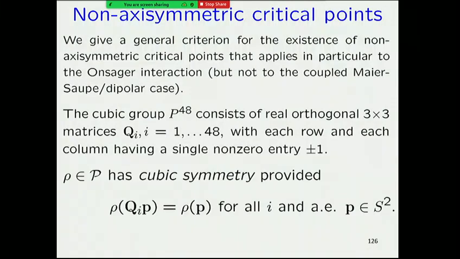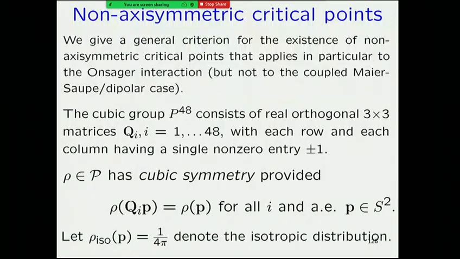Okay, and now we say that a probability measure rho has cubic symmetry, provided that rho of Q_i p is rho of p for all i and almost every p. So we're going to try and prove the existence of some rho that have cubic symmetry but are not axisymmetric. So we're going to let 1 over 4 pi be the isotropic distribution rho iso.